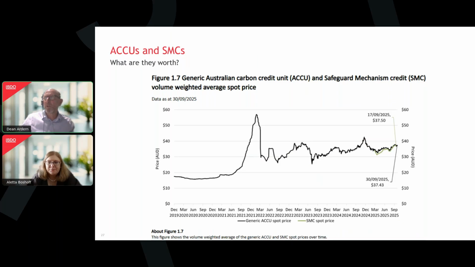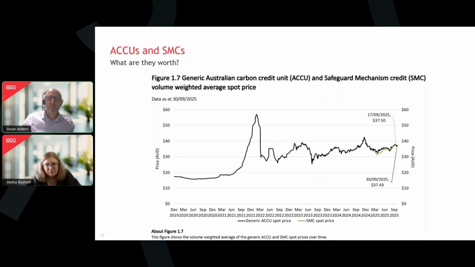The other thing I wanted to take away from this is that often when we see graphs around prices using weighted averages, and you start to look at volume versus price movements, that might indicate that the market is not as active as it possibly could be.